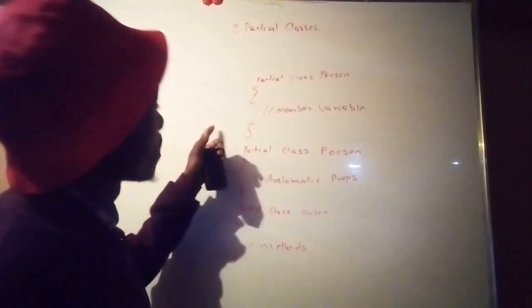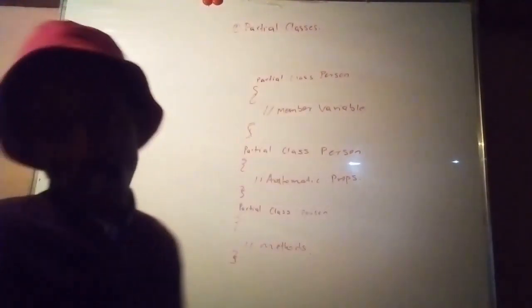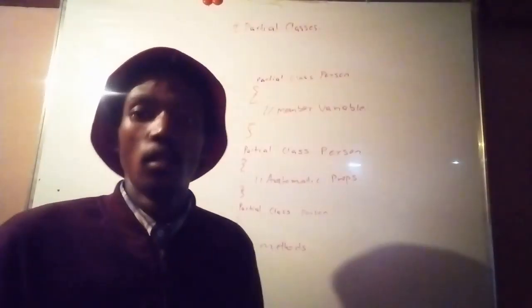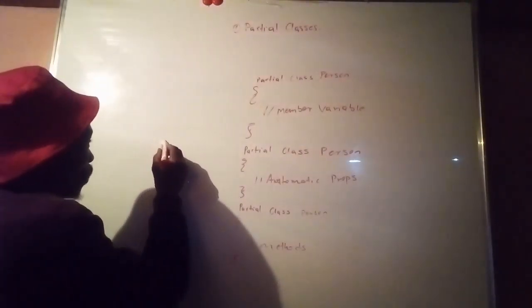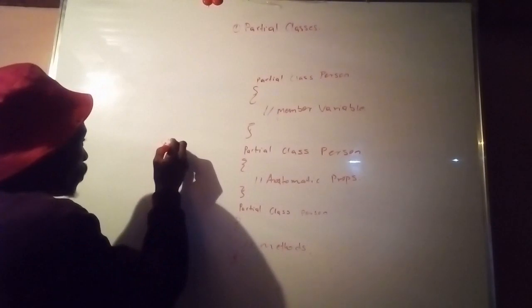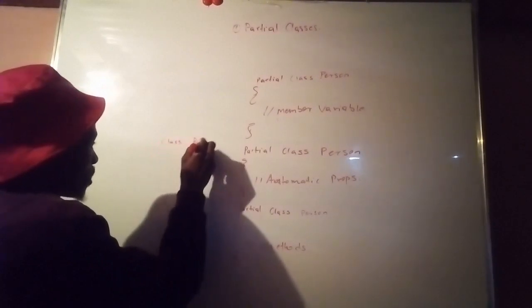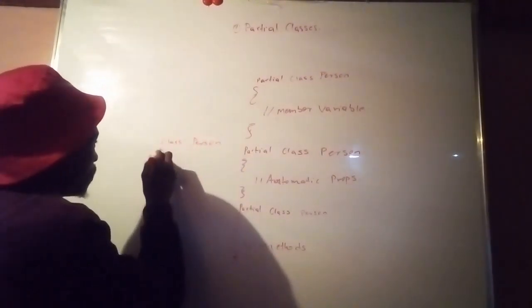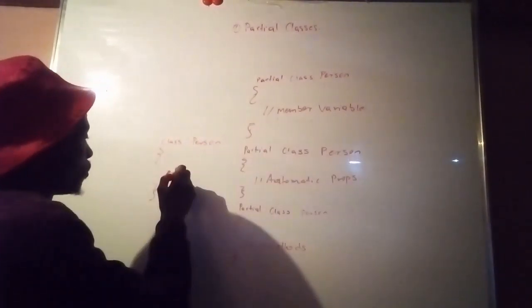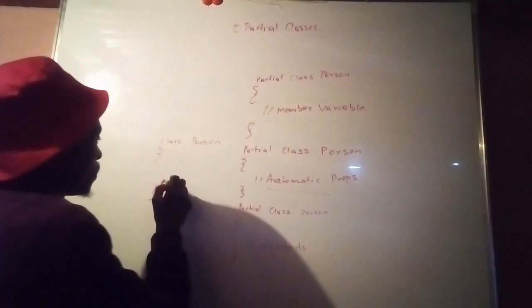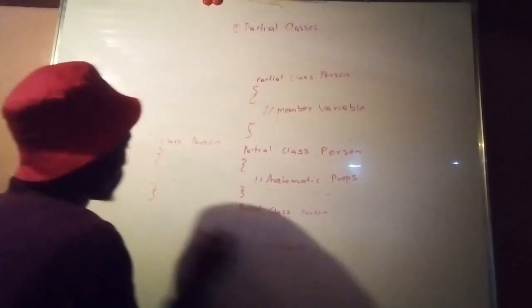The users of this type are not going to see these parts. They are going to see one class, because what the compiler does when you compile your code is create one big class, like we normally define our class Person, and take everything that is in this part and put it here, everything in that part and put it here, everything in the other part and put it here.